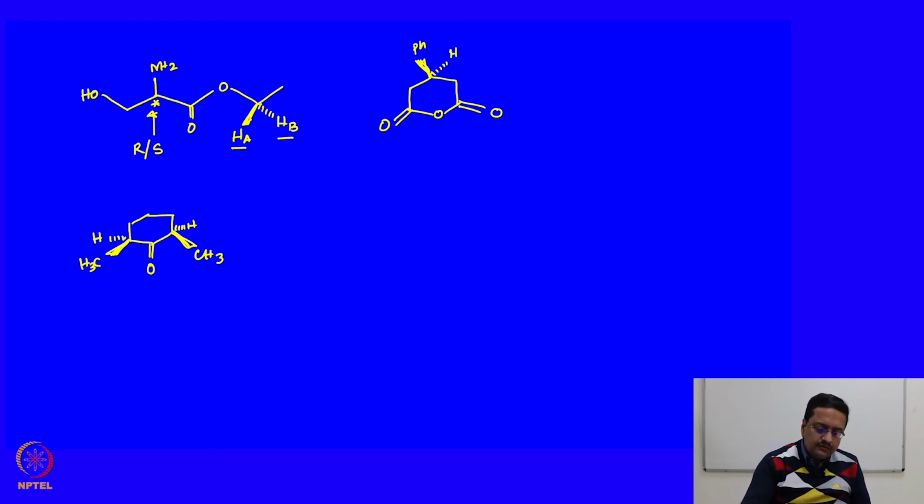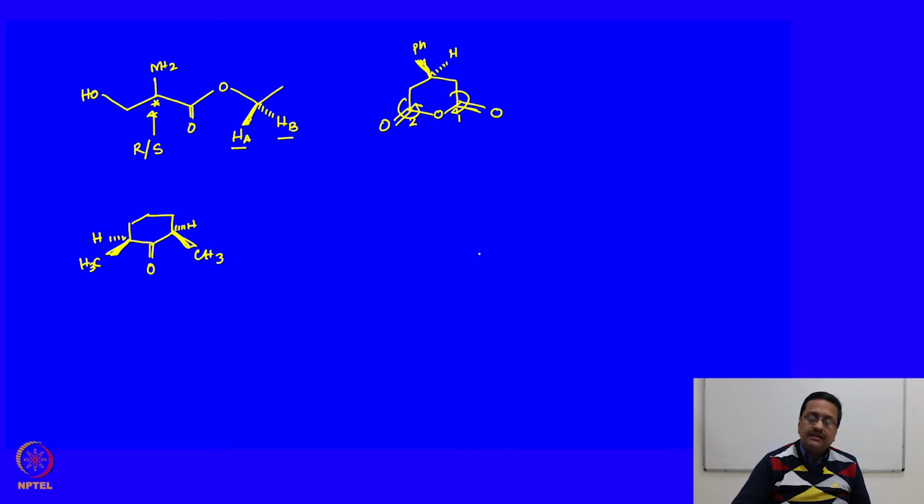This has two C double bond O groups, namely 1 and 2. Find out the topicity of those faces here, whether they are enantiotopic or diastereotopic.